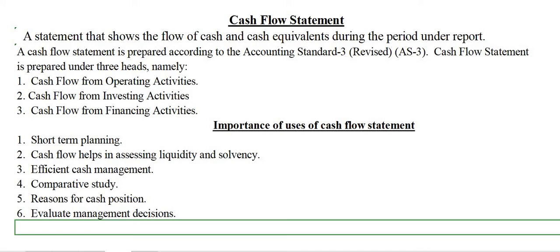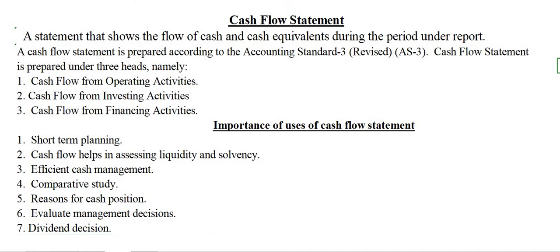Then another one is dividend decision. Dividend decision means the decision regarding the payment of dividend. Even if we have a lot of profits, we may not have liquid cash to pay the dividend. So if we know how much cash is there with us, or how much cash may be generated, by analyzing the present and previous condition, we can forecast how much cash will be generated in the coming year.